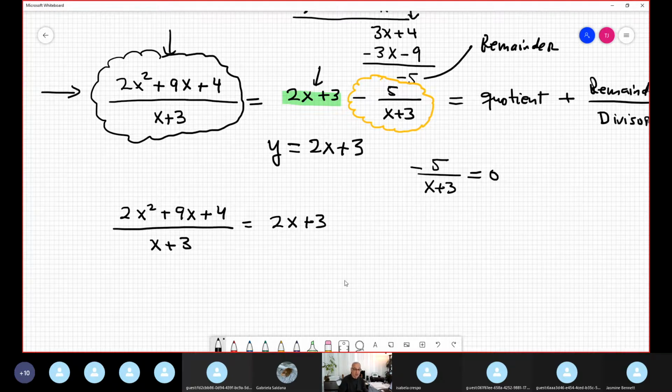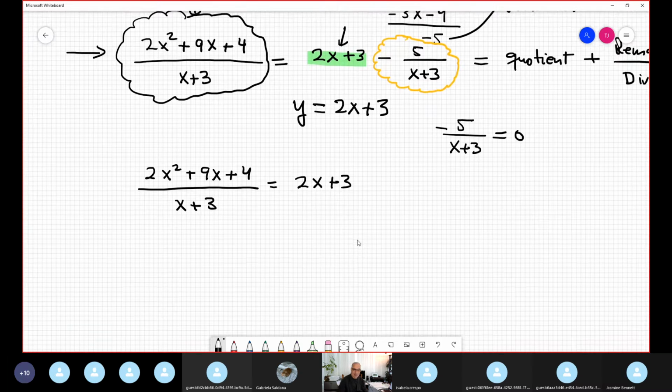Suppose I don't realize this idea. Okay, no problem. One more time, you solve this equation, apply cross multiply, 2x squared plus 9x plus 4 times 1 is equal to 2x plus 3 times x plus 3.